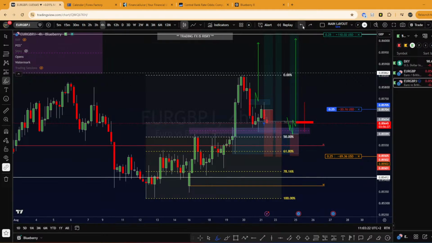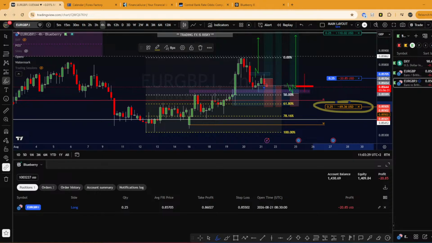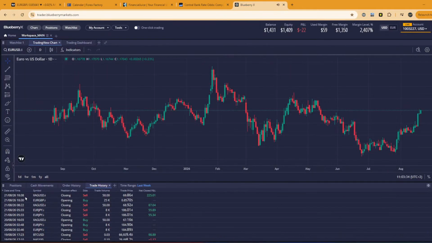So this is the amount of money I allow myself to lose today because I already banked some nice profit on silver. You see, this is the silver I just banked earlier today, a nice good amount of profit.